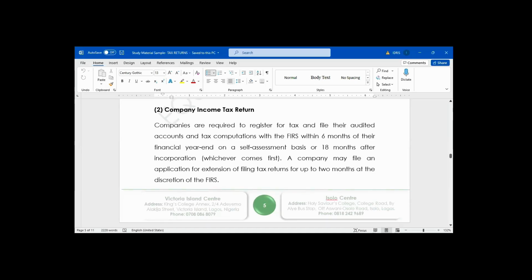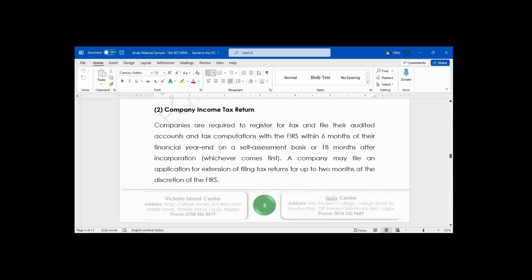The company files it as evidence of compliance with tax at the end of the year. Six months after the end of the financial year, after the end of the accounting year, every company must file their company income tax return.